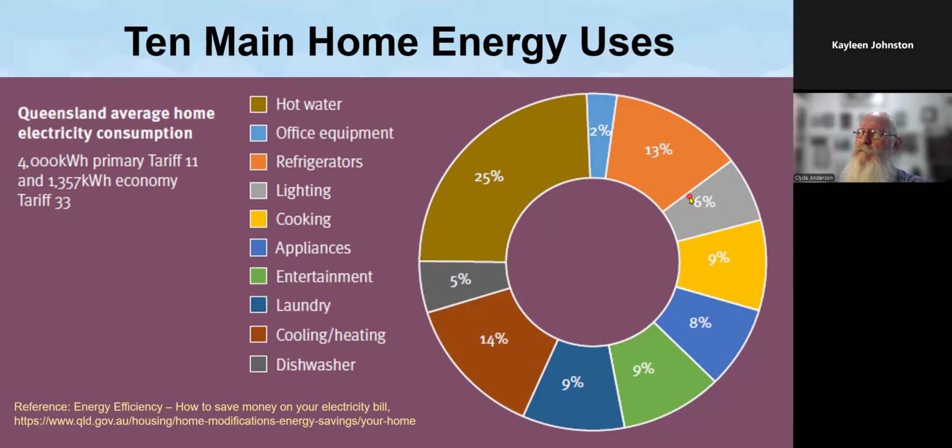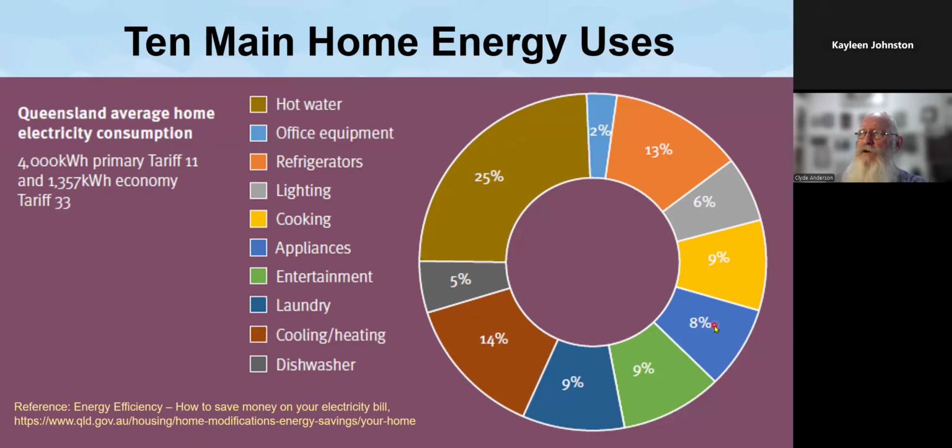That's probably a little bit high, and most people would have less lighting, but that would possibly include external lighting, flood lighting, and things like that. Security lighting. Cooking at 9%. We'll talk about that as we go.